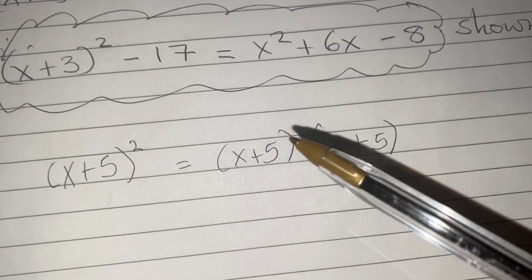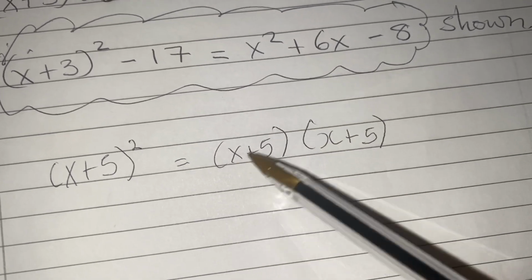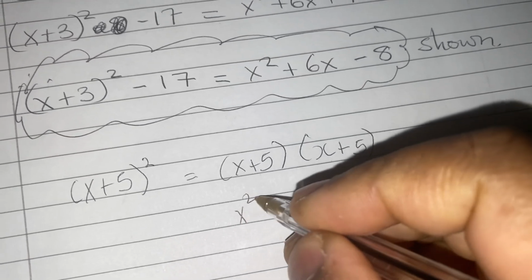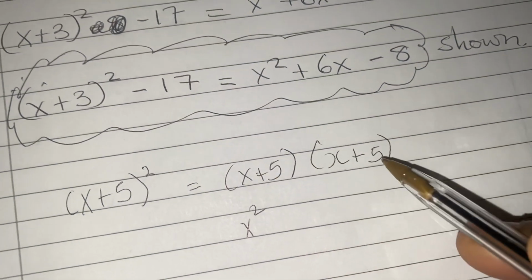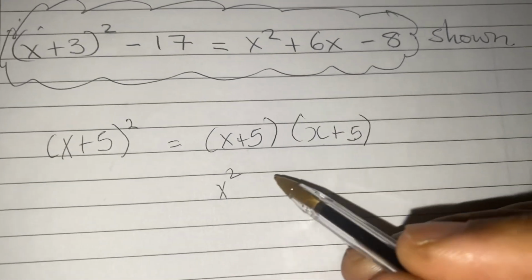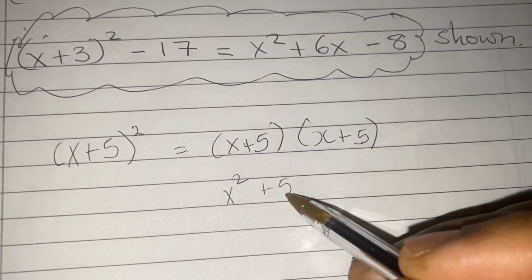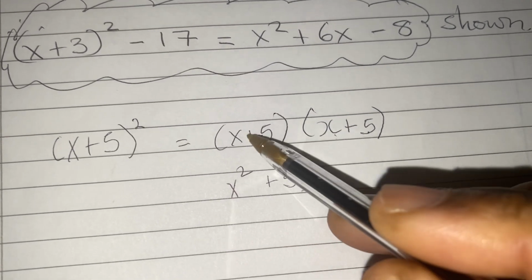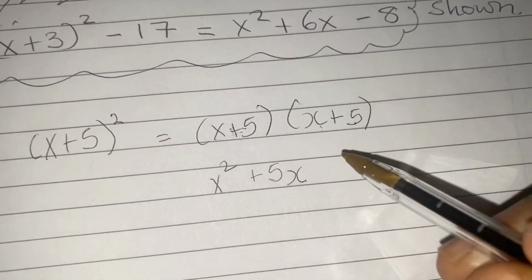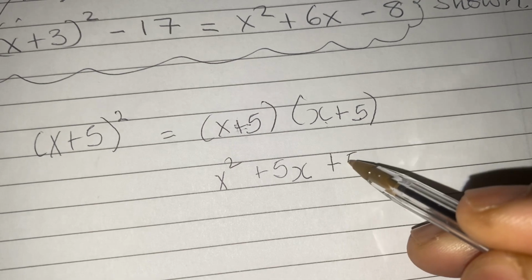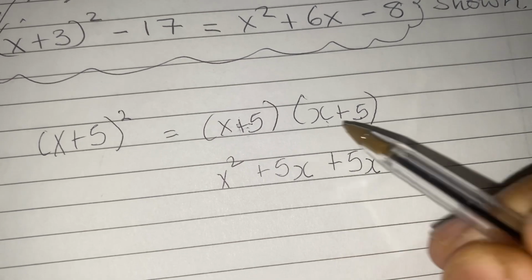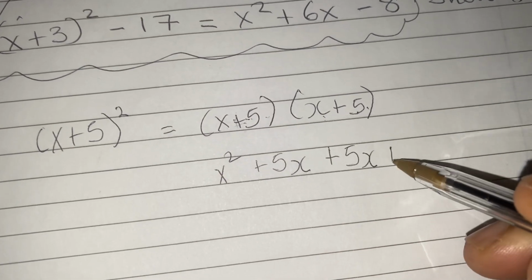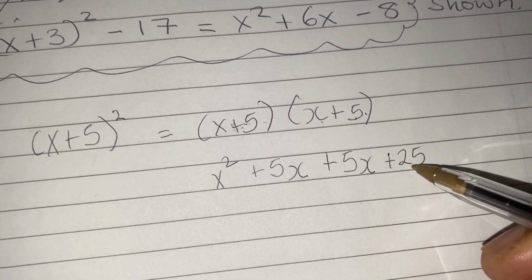Do it over and over again. So now x times x will be x squared. x times 5 will be plus 5x. 5 times x is plus another 5x, and then 5 times 5, both are positive, so 25.